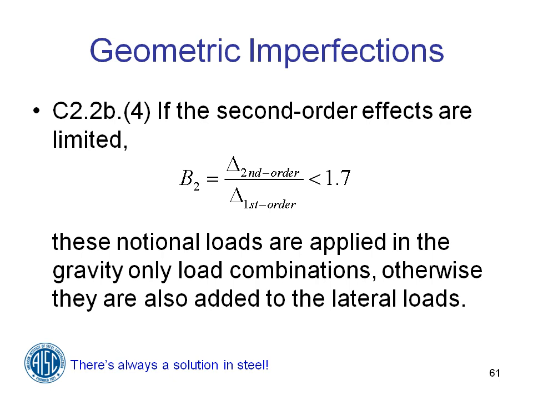So if you think about this, how often is your lateral load resisting system designed for gravity-only load combinations? Not often, right? So this notional load, this out-of-plumbness, it turns out, is rarely going to be an issue for a structure that is designed to resist lateral loads.